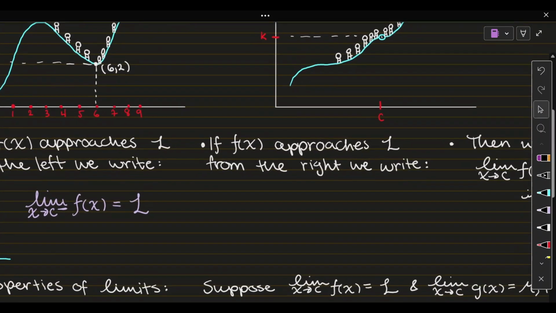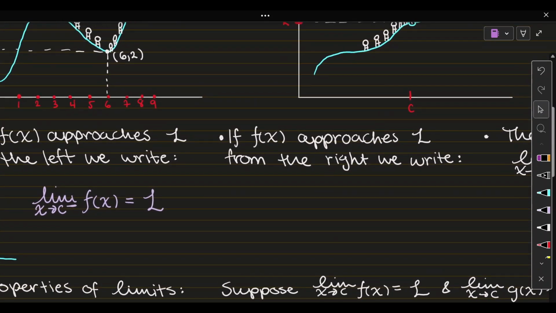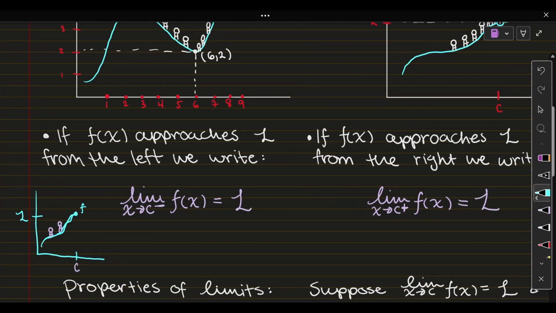Now, if f of x approaches L from the right, we would write that the limit as x goes to c from the right, we use a little plus sign to indicate that, of f of x is equal to L. So that is equivalent to our little guy walking up to our point from the right. So that's this right-hand limit here.